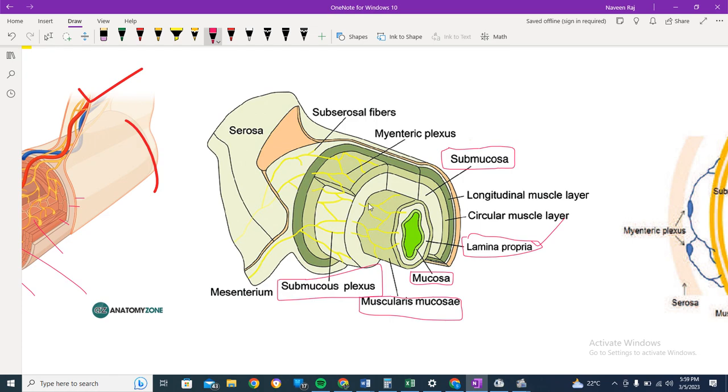In the outward layer we have the circular muscle layer. This is not a proper layer, but a covering. Then we have another covering, that is the longitudinal muscle layer.